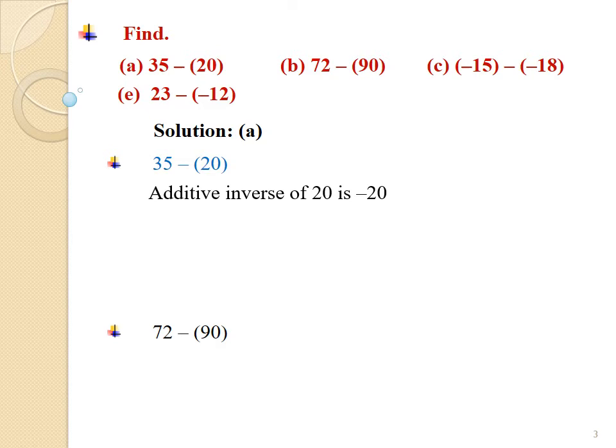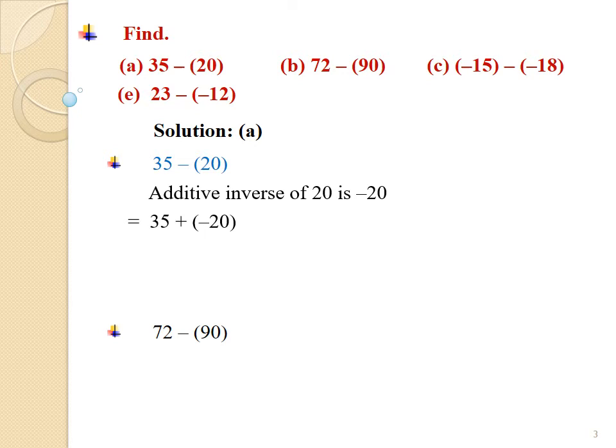Thus, converting the subtraction sign into an addition sign and writing the additive inverse of 20, which is minus 20, we get 35 plus minus 20.